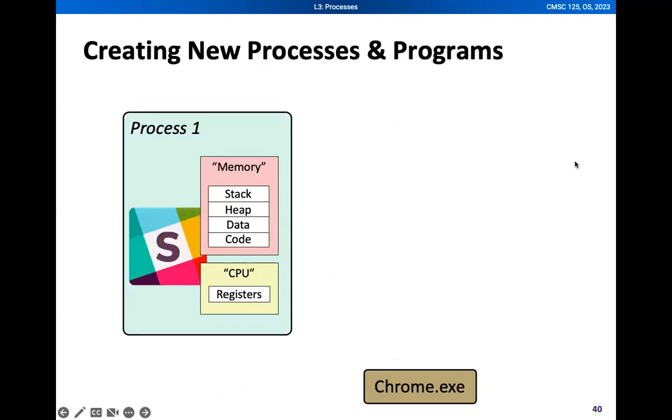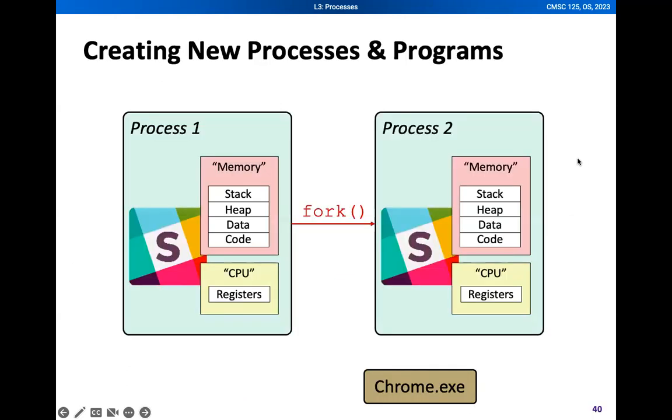Okay? So, when we are creating new processes, in C in a program, we can use a fork. So for example, we have a process 1, and then we are performing a fork. So basically, it will just duplicate this process. Okay?